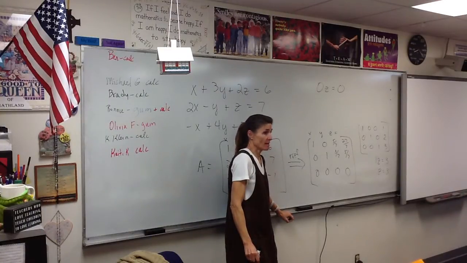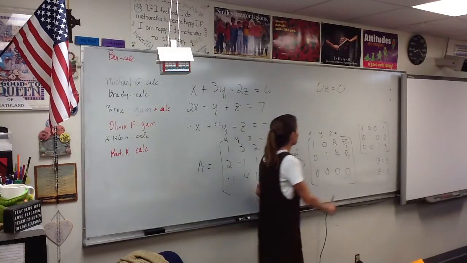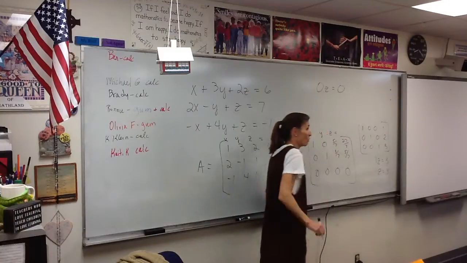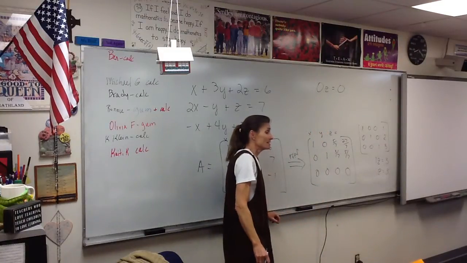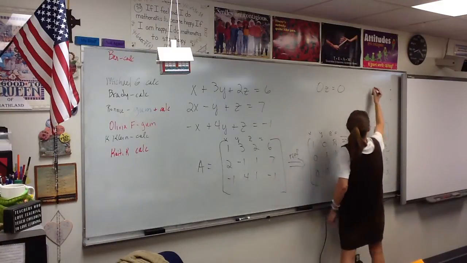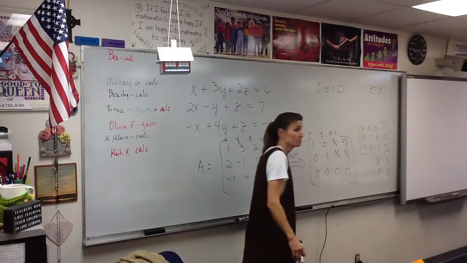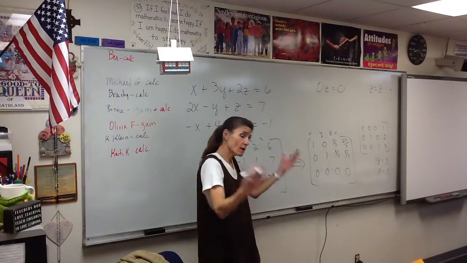Actually, it's the opposite of that. Couldn't z be anything? I mean, 0 times something is 0. What could that something be? Anything. So we handle that by saying z is z. So you want z to be 12? Okay, z is 12.